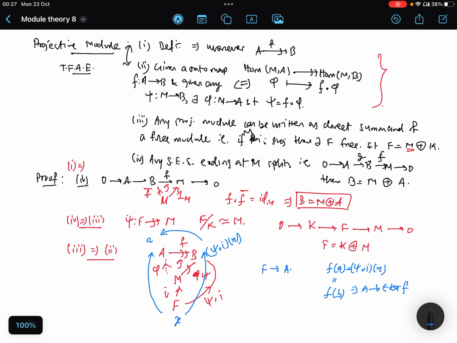And for that, let's see. So a minus b is inside the kernel, so under f, a minus b will go to 0.